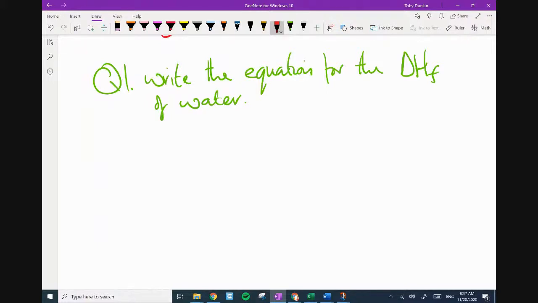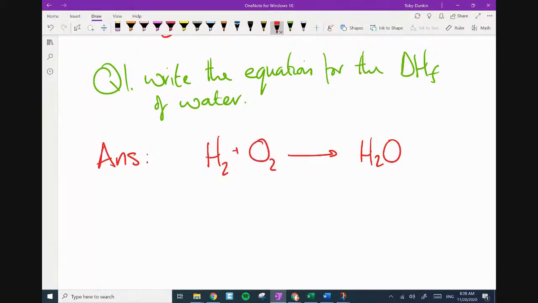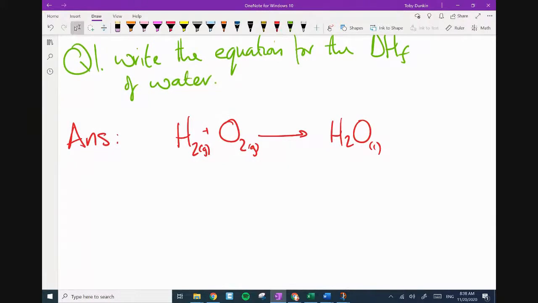Okay, so the answer is, we know we need to make water, H2O, from its elements in their standard states. Water is a liquid, right? The heat energy change when 1 mole of a compound is formed. There is a number 1 in front of that which I cannot change. What that means is I've got to halve the oxygen, and there's my answer.